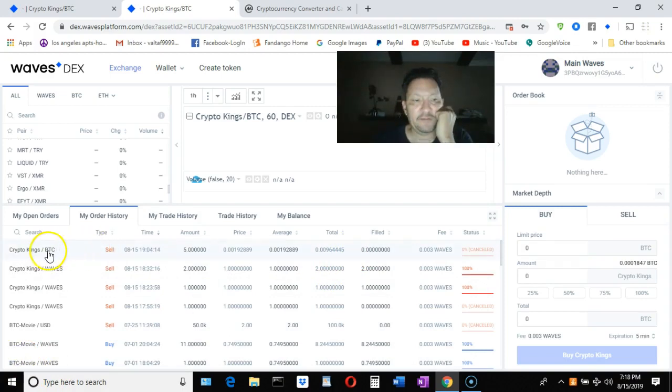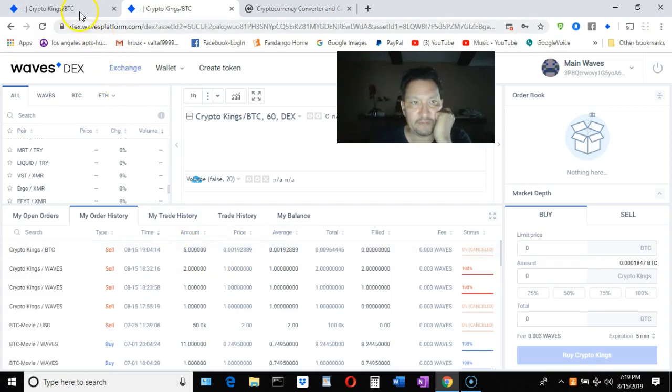In this corporate wallet, we see that in my order history, there's a sell order here, we sold 5 Crypto Kings coins for Bitcoin. And this order is still pending. Status is waiting for this transaction to complete.